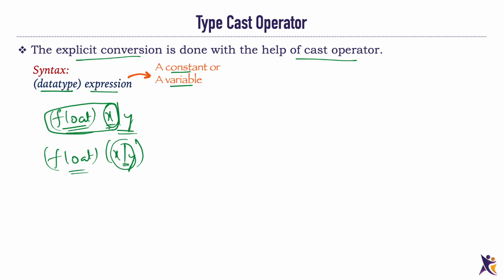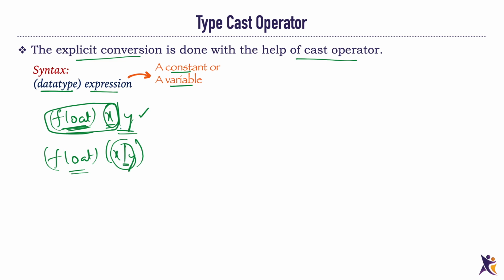And now note that the cast operator which is applied on a variable is only temporary until the evaluation of this expression. So after the evaluation of this expression, the variable x will take its original data type. The cast operator works only for the temporary purpose, only during the evaluation of the expression, right?